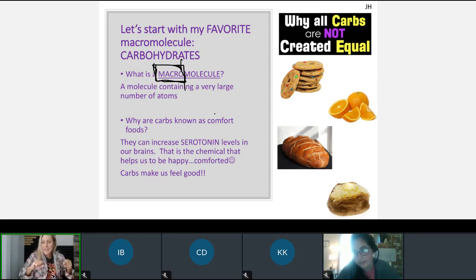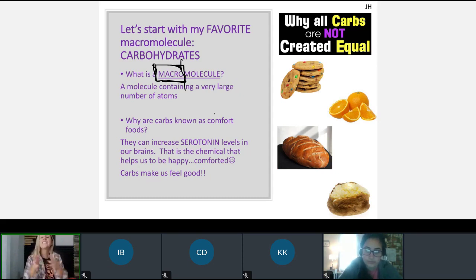Cornbread, bacon. Oh, Gracie, I'm jealous of your pancakes. French toast, chocolate and fruit. Yes. All right. There's a reason that these things are comfort foods for us. I know I'm hungry too. I told you we're going to talk about food a lot. Oh, another comfort food, chicken and waffles.